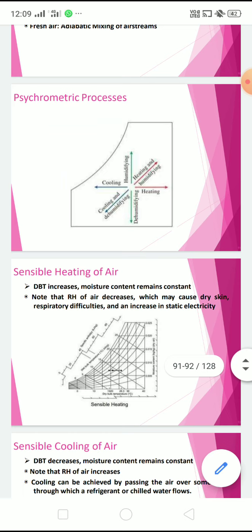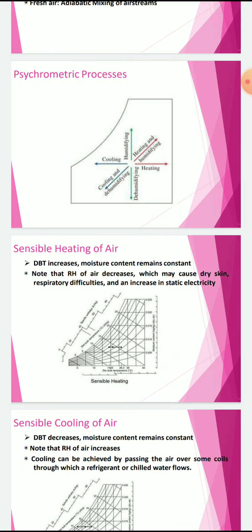In sensible heating of air, it is shown that the dry bulb temperature increases while the moisture content remains constant. The specific humidity stays constant. Note that the relative humidity of air decreases, which may cause dry skin, respiratory difficulties, and an increase in static electricity.